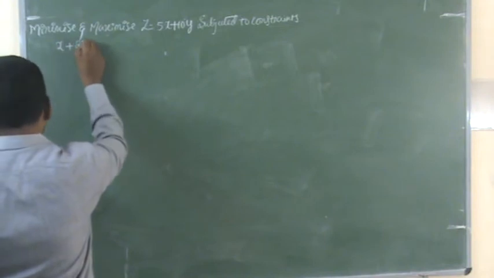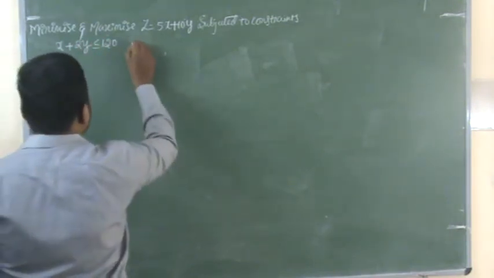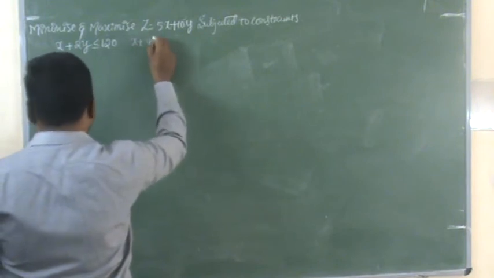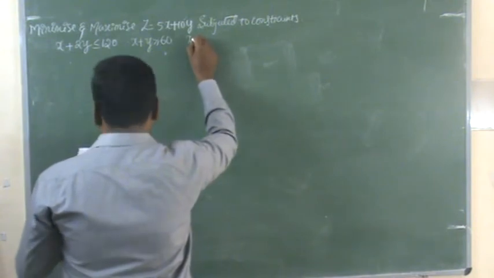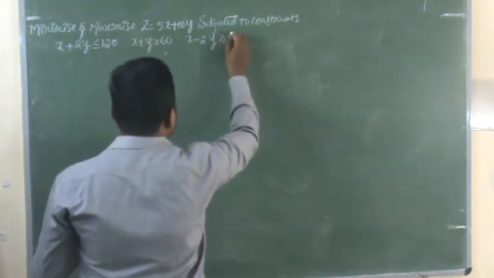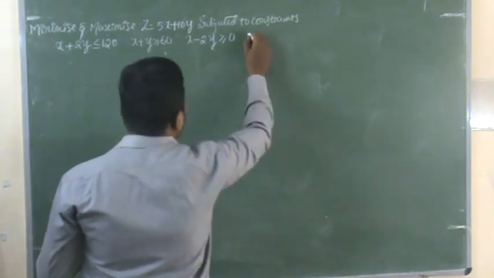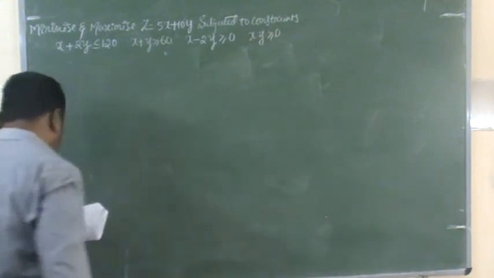x plus 2y less than or equal to 120, x plus y greater than or equal to 60, x minus 2y greater than or equal to 0, and x, y greater than or equal to 0.